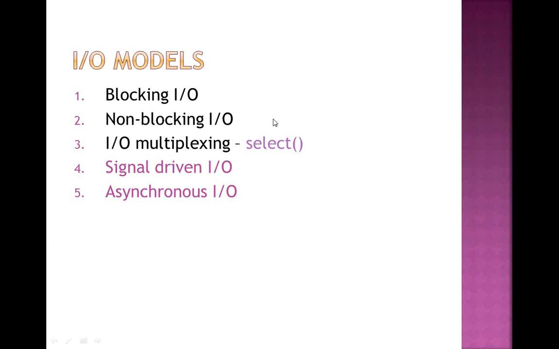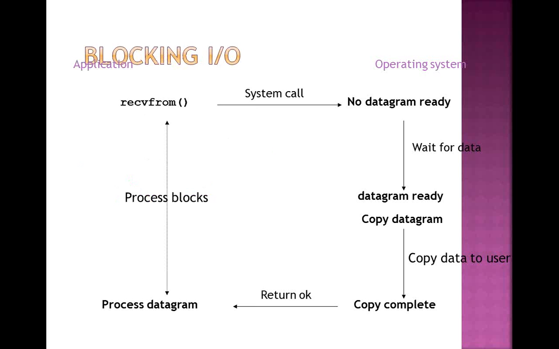Then these are the input output models that are used. One is blocking, one is non-blocking, one is input output multiplexing that is done using the select function, one is signal driven input output, one is asynchronous input output. This is blocking input output. There is an application, there is an operating system.